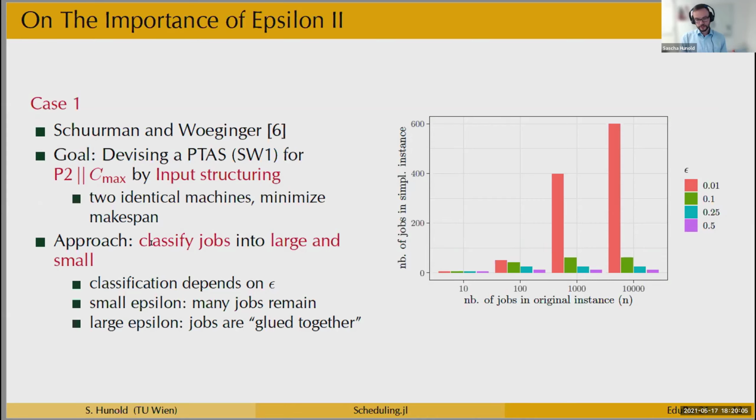So input structuring in this case just means we have a lot of jobs. We choose an epsilon, and then we can classify the jobs into small and large jobs. And all the small jobs are so small that they are somehow bounded by epsilon. And we can just glue all these small jobs together and make the instance easier. So we reduce the number of jobs.